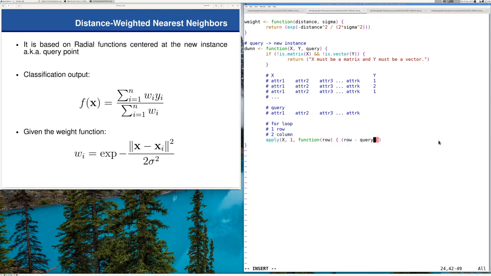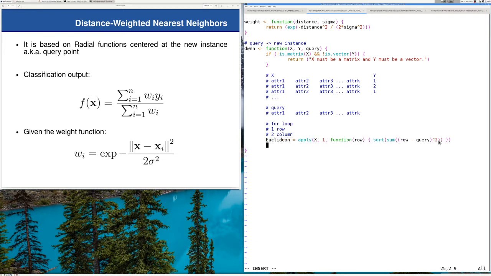And I can simply power to 2, sum up everything, and take the square root, and that's going to provide the Euclidean distance. You guys having time at home can just compute all those operations in small parts, and you are going to obtain the Euclidean distance over here.